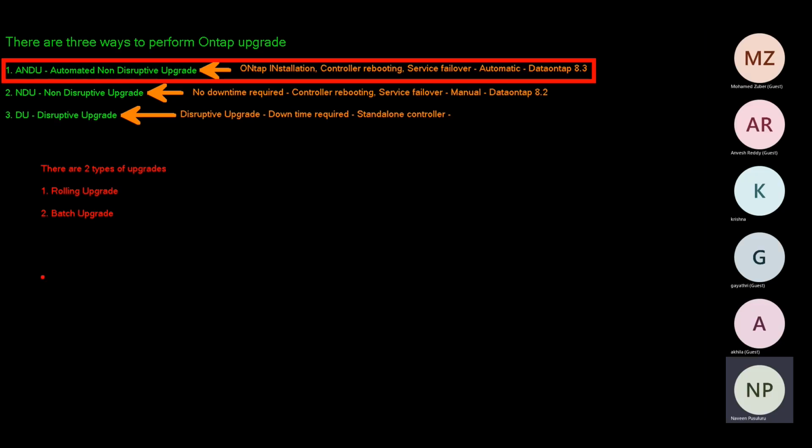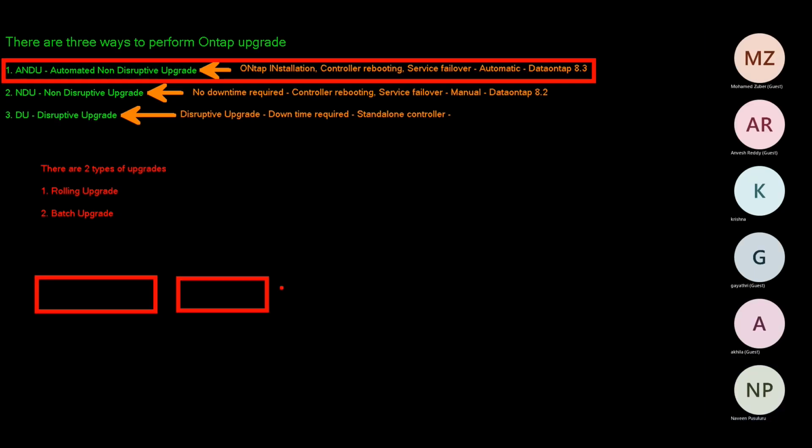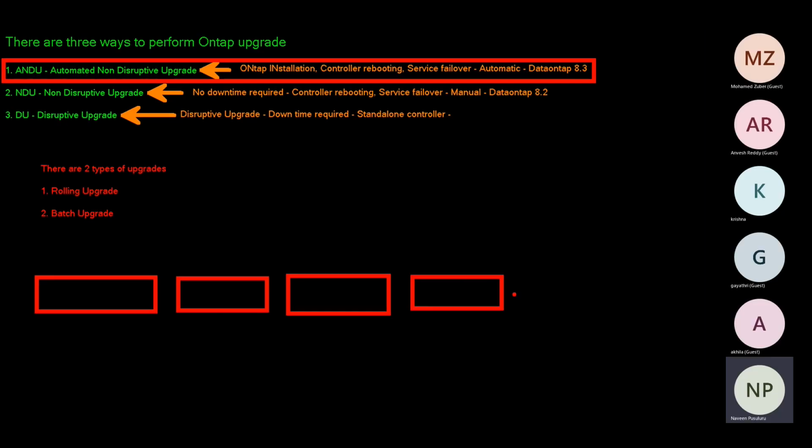So what is rolling upgrade? For example, let's assume your cluster is a 6 node cluster or 4 node cluster or 2 node cluster. It will install ONTAP node by node, and it will reboot one node at a time. That is what we call a rolling upgrade.